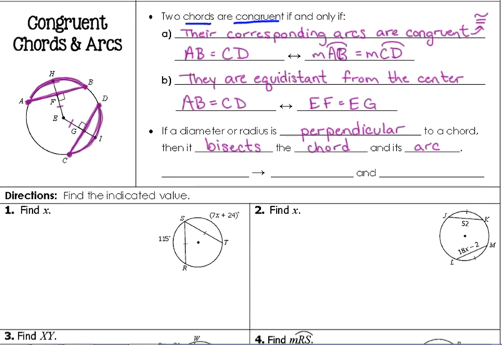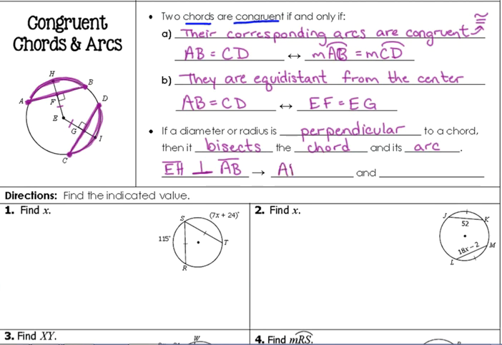So in those last blanks, we're going to use the radius EH. I'm going to put a little line over it to represent a segment. It is perpendicular, that's the notation for perpendicular, to segment AB. EH, the radius, is perpendicular to AB, the chord.